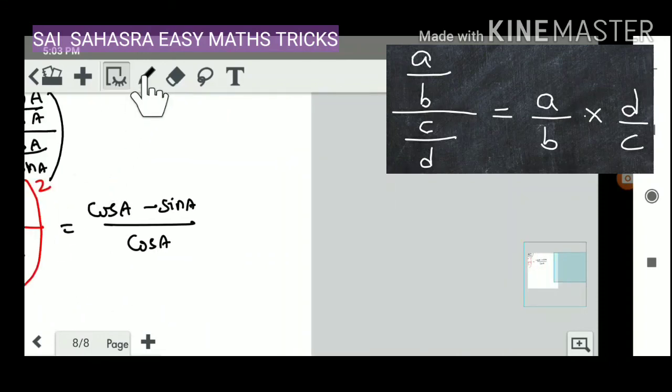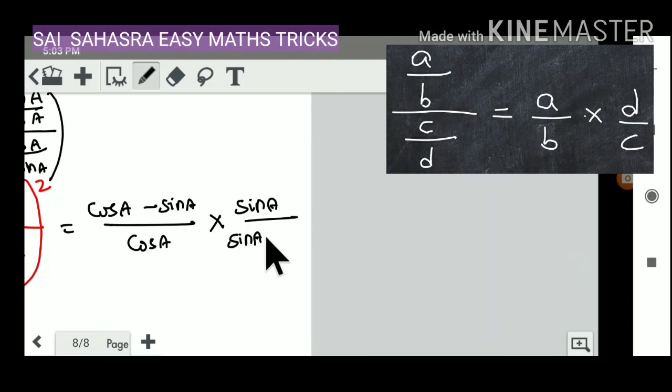Sin A in the numerator, so we should multiply with sin A, and in the denominator we write sin A minus cos A. Overall square is there.